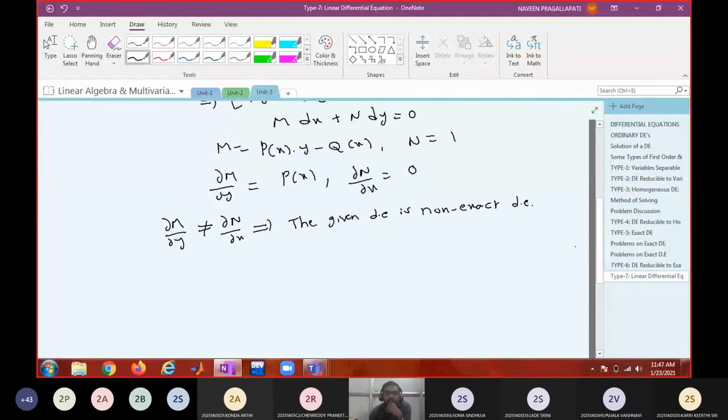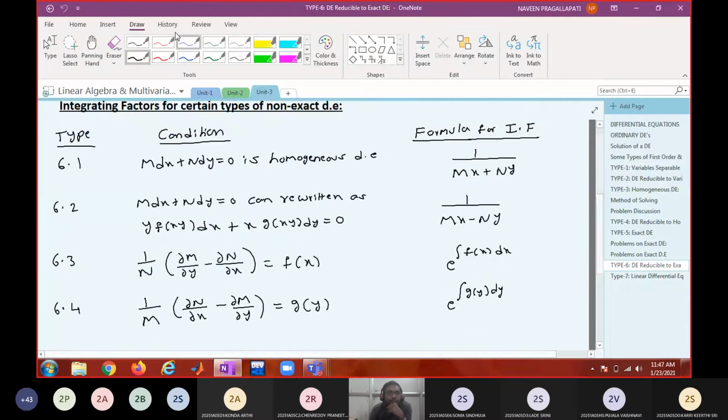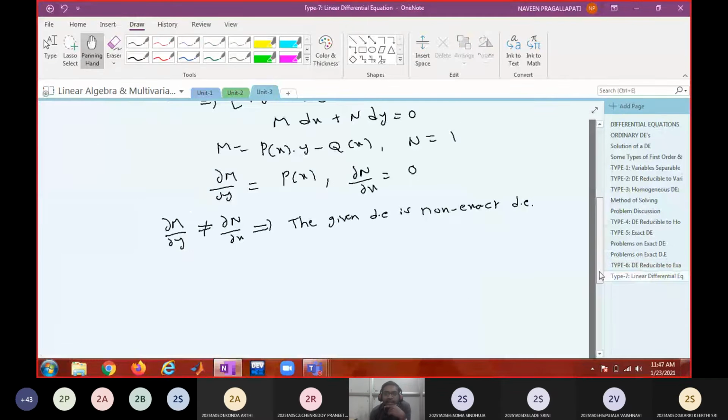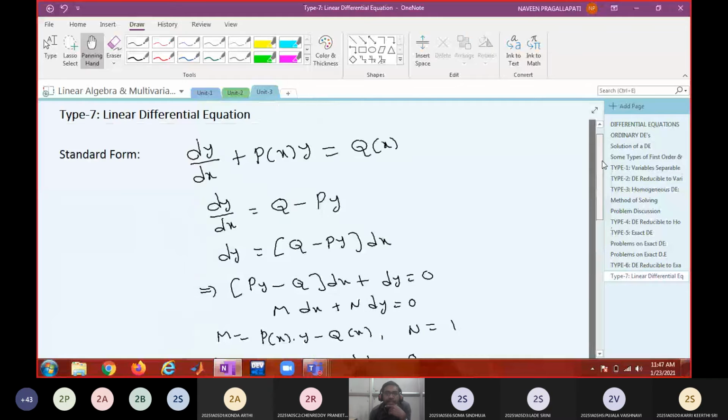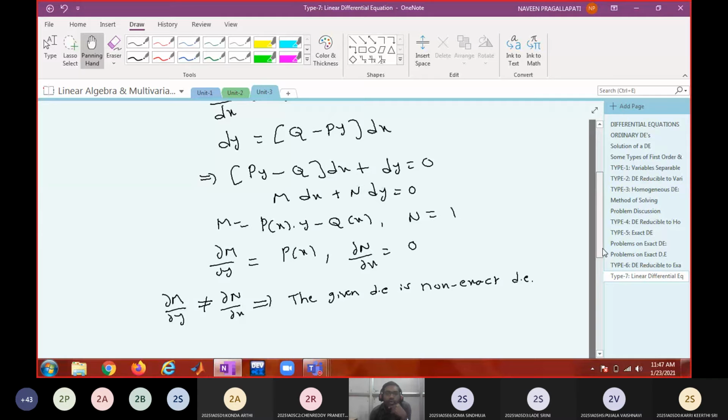Okay. So if it is not an exact DE, then we try to find an integrating factor. Right. So I gave different formulas to find the integrating factor. Is it homogeneous? Whatever differential equation I write, is it homogeneous? It's not. We don't know, no?